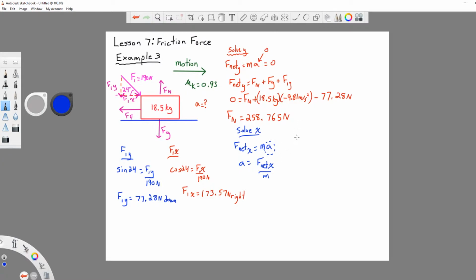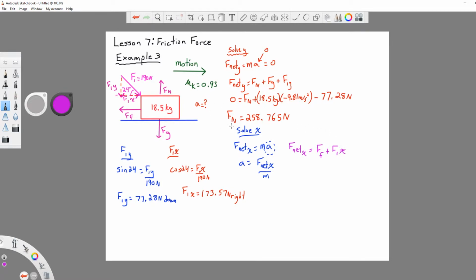So we can say that maybe just beside it here in magenta, F net x is equal to the sum of all of our forces. So F net x is equal to force of friction plus F1x.